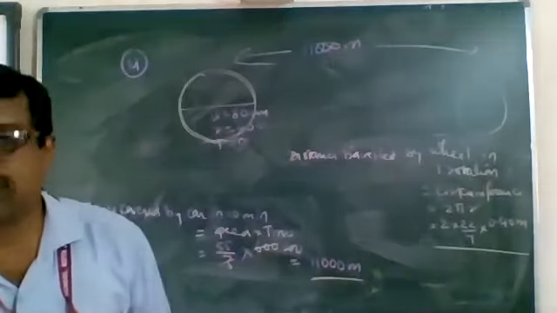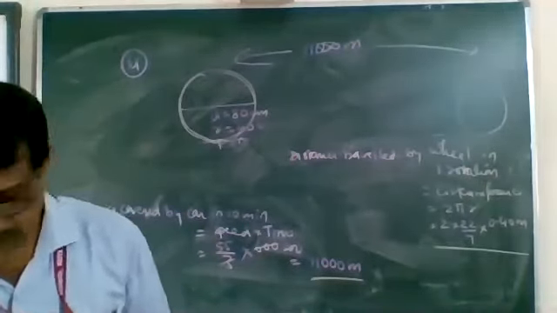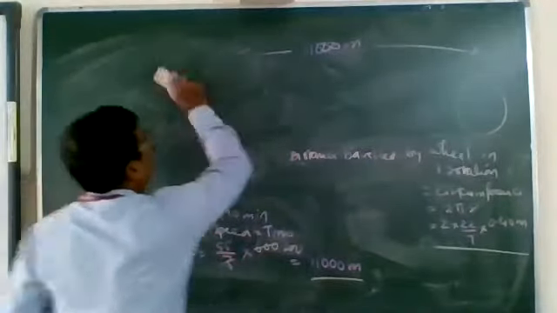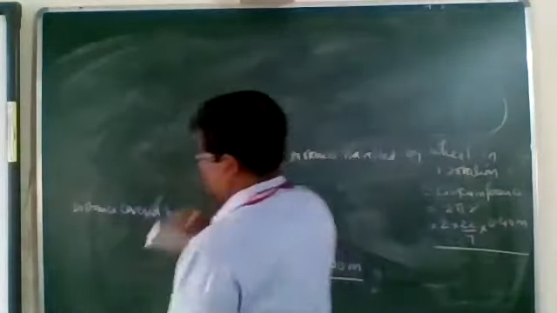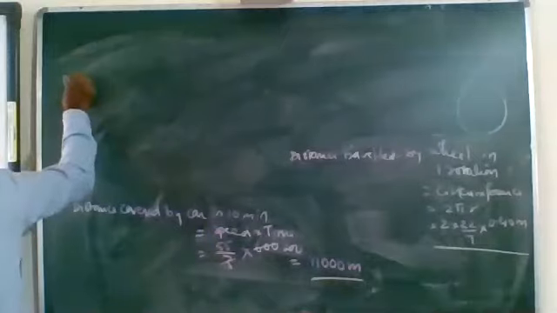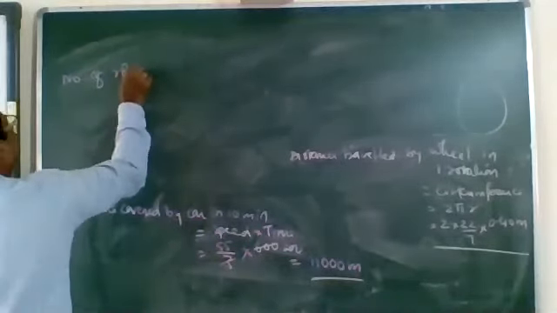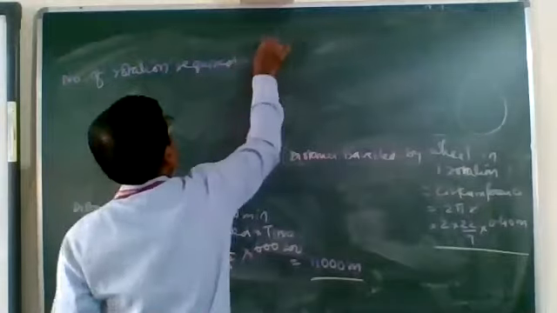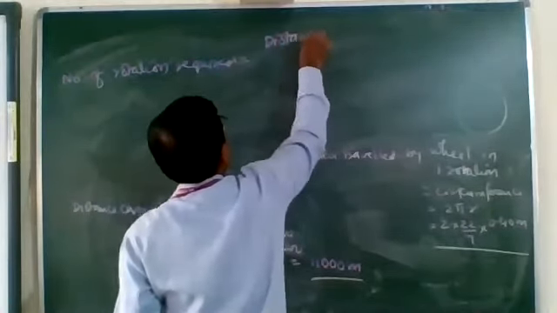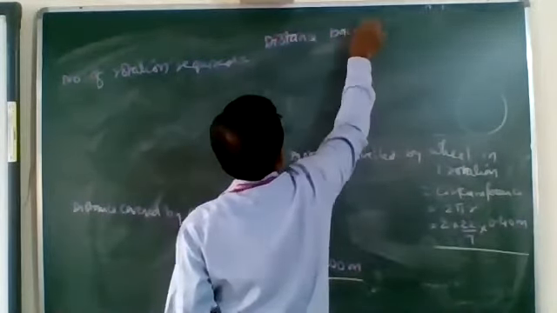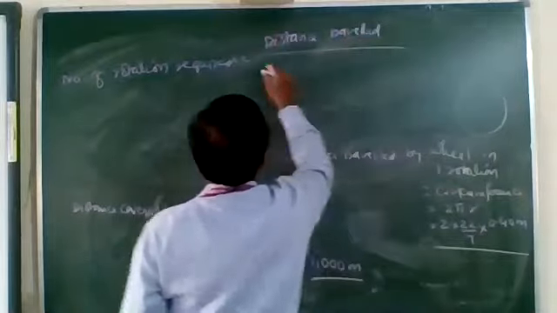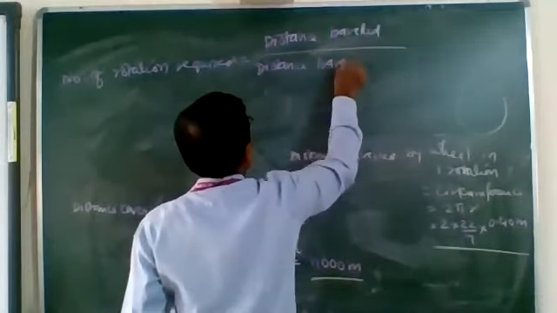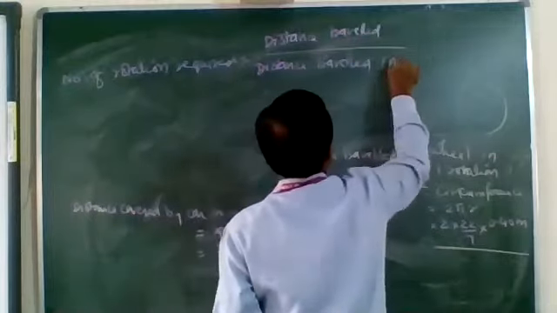Now I need to find out the number of rotations. How do we find the number of rotations or revolutions done by the wheel of this car? Number of rotations required equals distance traveled upon distance traveled in one rotation.